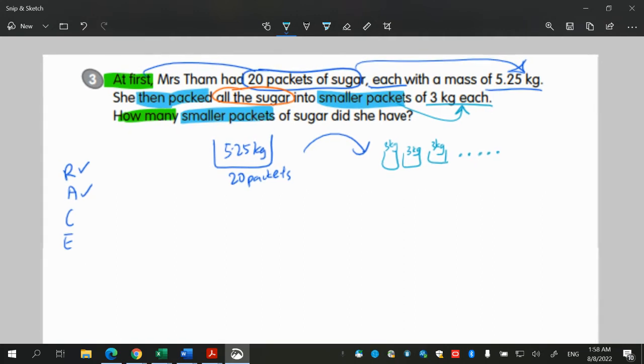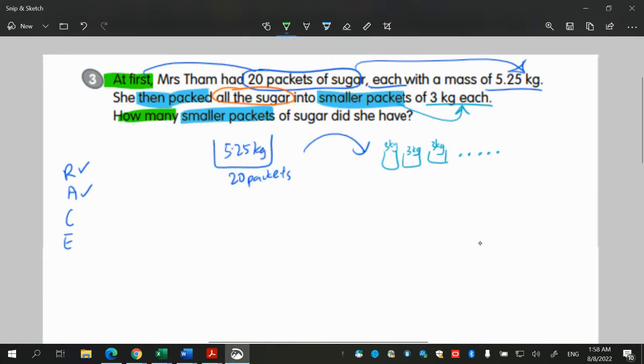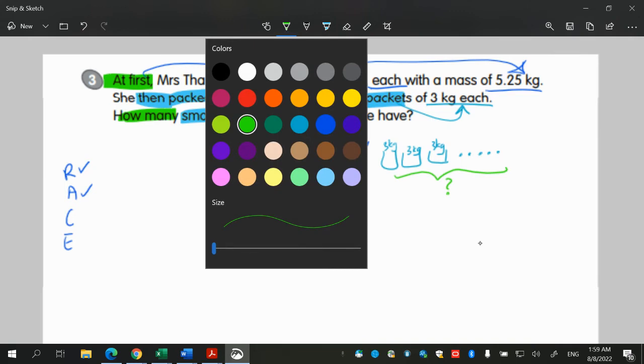And the question is, how many of such packets do you get? After the drawing, I hope it helps you understand this better. You can pause the video anytime to catch some of the information. I'm going to continue.